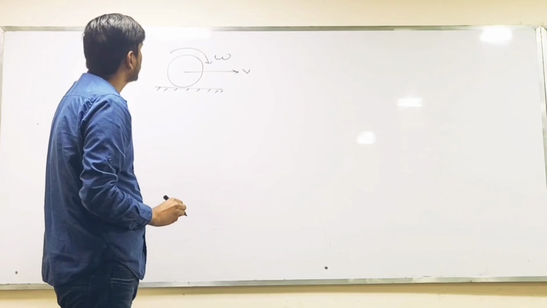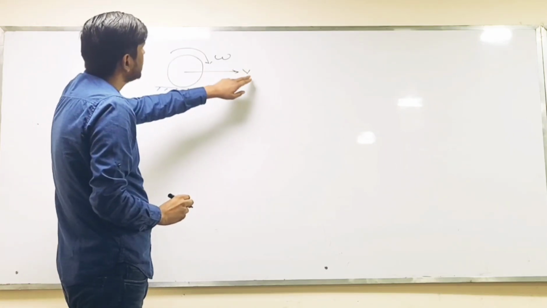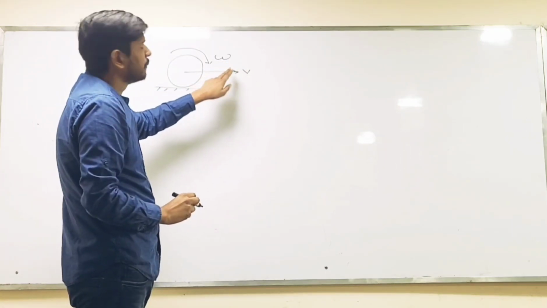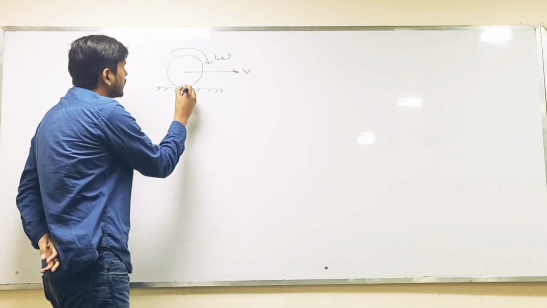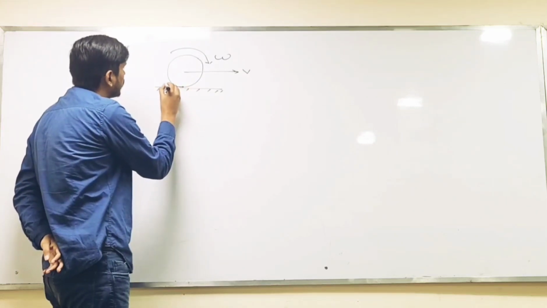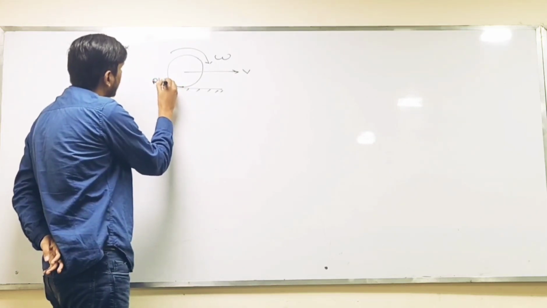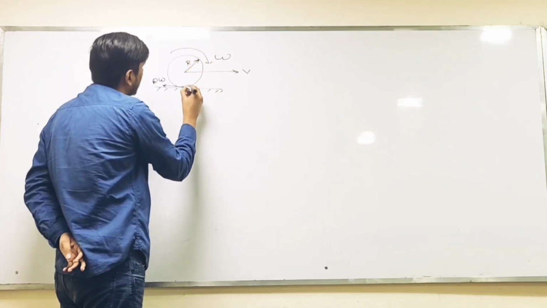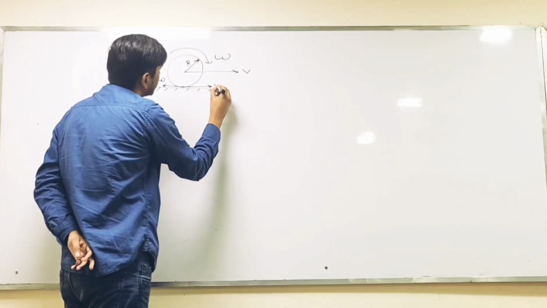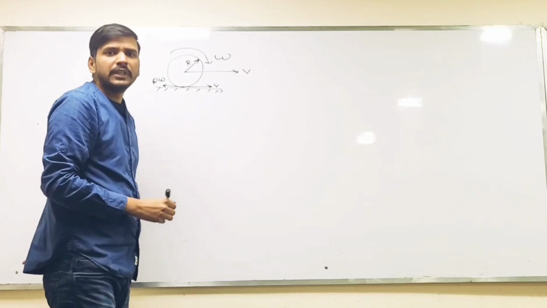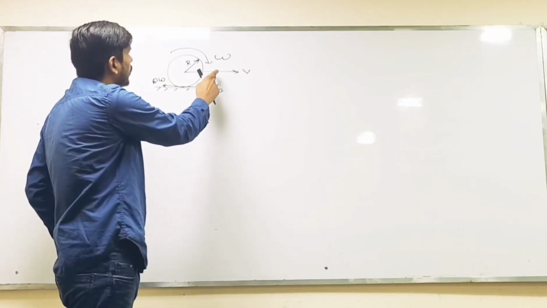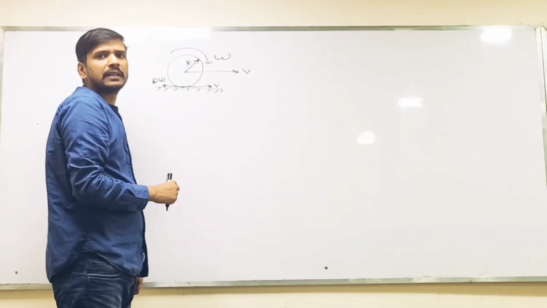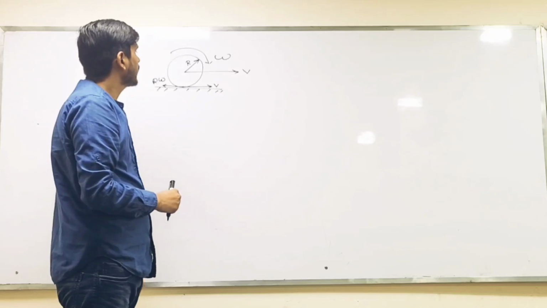As it is pure rolling motion, v equal to r omega, but in general rolling motion, this point has velocity r omega, where r is radius of disc, and v in this direction, which we already studied. Pure rolling motion is combination of translational motion and rotational motion.